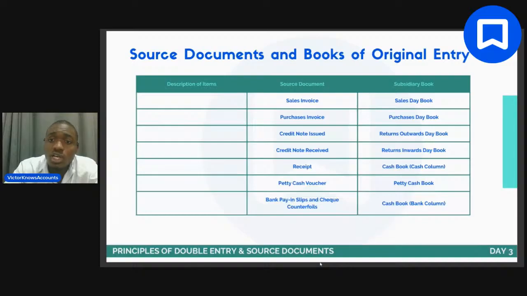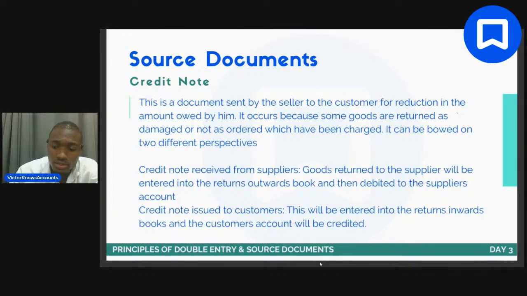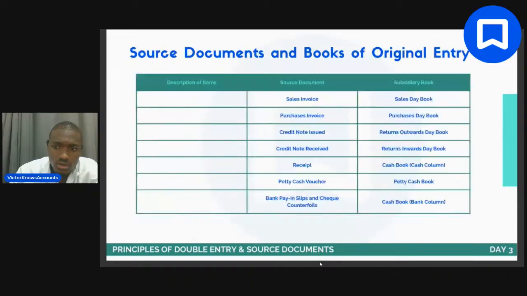Now let's go to returns outwards day book. Don't forget, I mentioned that the returns outwards day book is filled from your credit note issued, because when you issue a credit note, it means that goods have been returned.